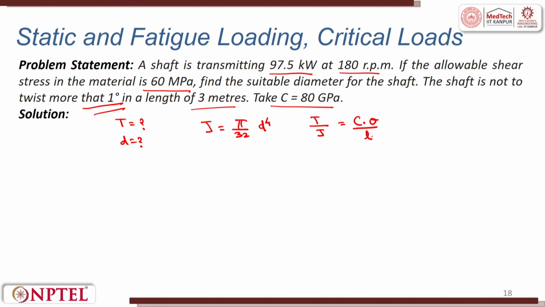So here J is your polar moment of inertia and T you know is torque, D is your diameter, C you know it is modulus of rigidity, theta is the angle of twist.